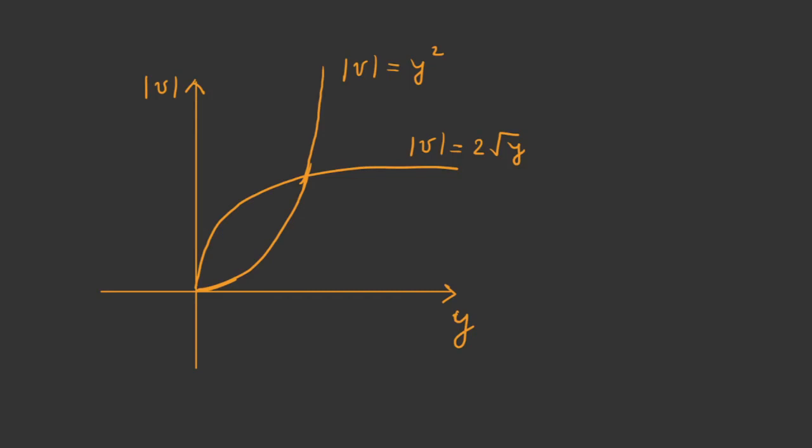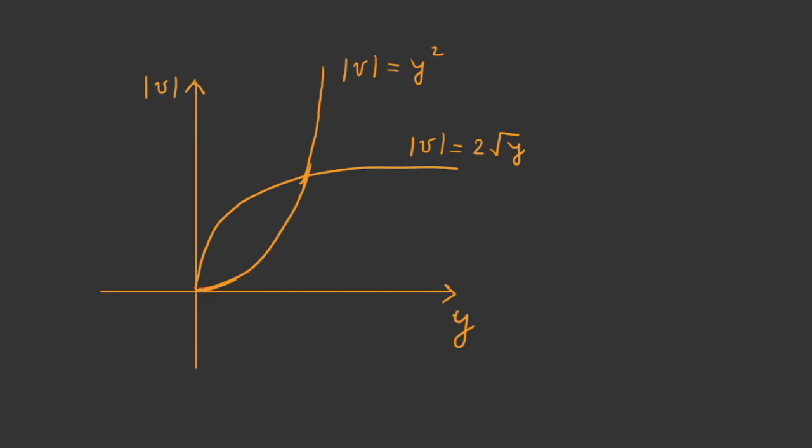If the absolute value of the velocity is equal to y squared, then we see that the velocity decreases gradually as we approach the equilibrium position y equals 0.